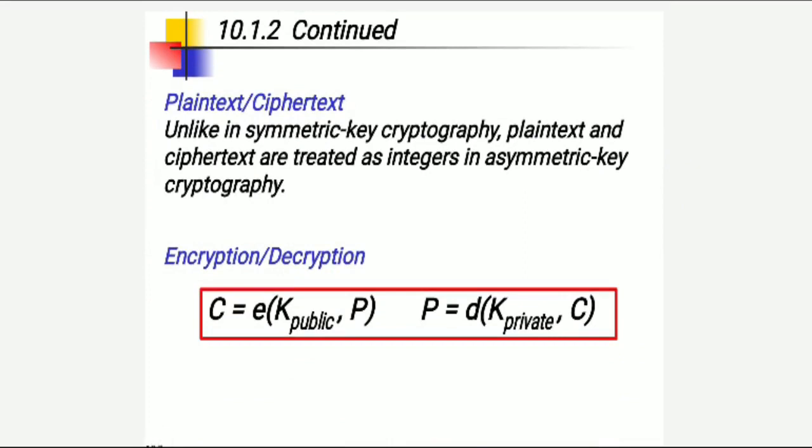Using that private key he decrypts that message and reads the plain text. As we have seen, we were not using integers in the case of symmetric key cryptography, but unlike symmetric key cryptography, in asymmetric key cryptography, plain text and cipher text are treated as integers.